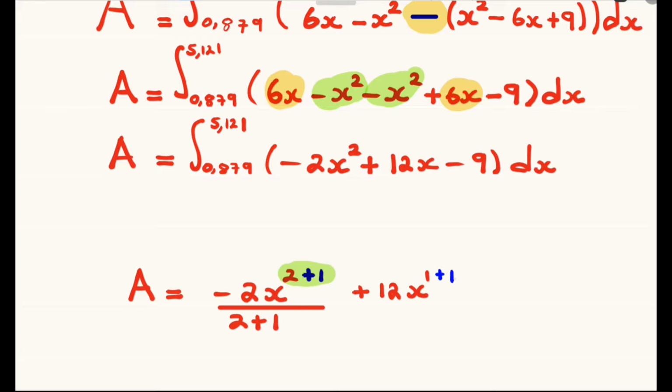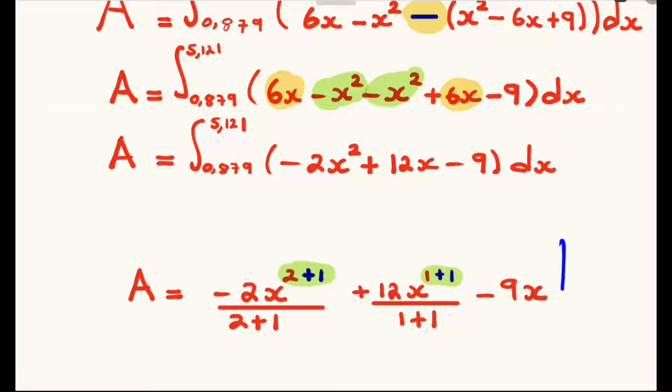We just add 1 to the exponent and divide by that 1 plus 1. The integral of negative 9 will be equal to negative 9x.